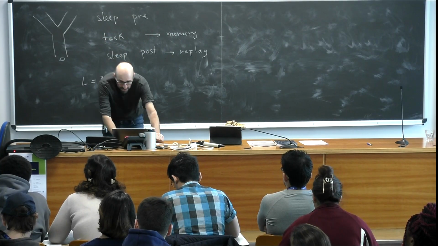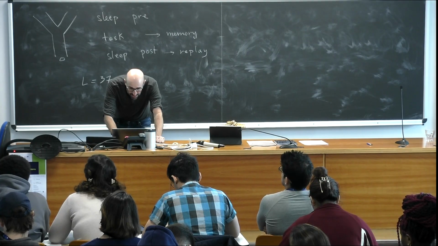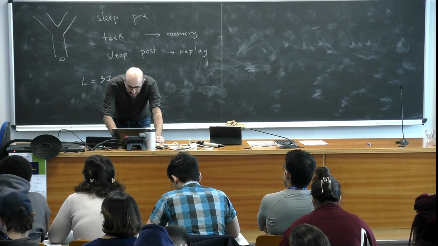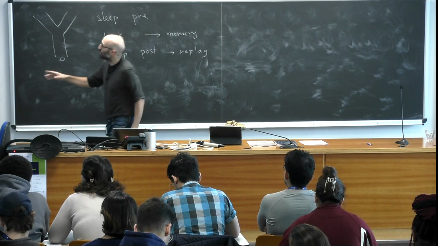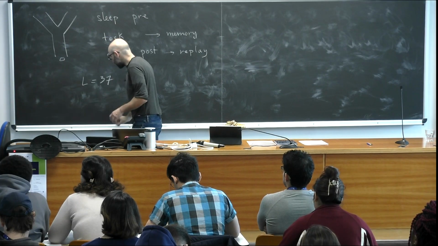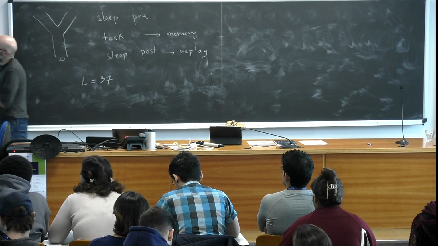And how do they look? This is again a raster plot of the activity. So in this plot, each vertical bar is a spike, and this is time. And now it's different.